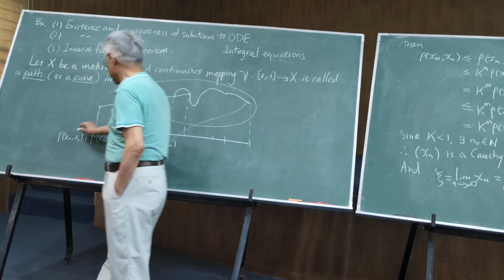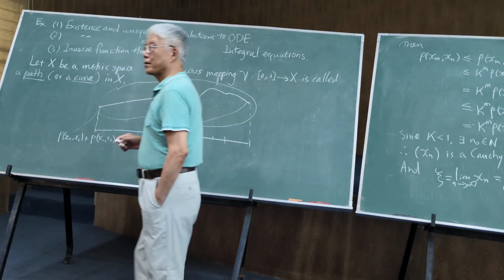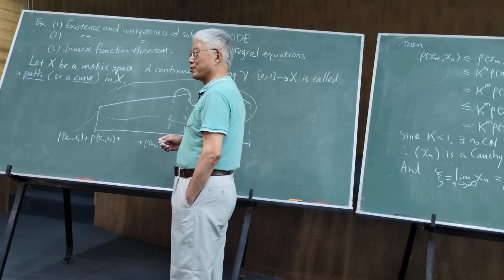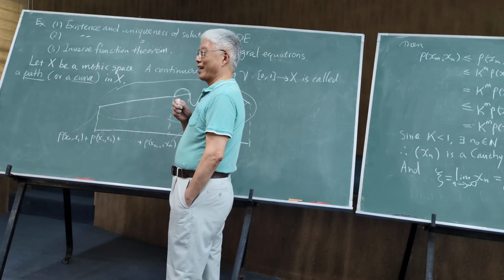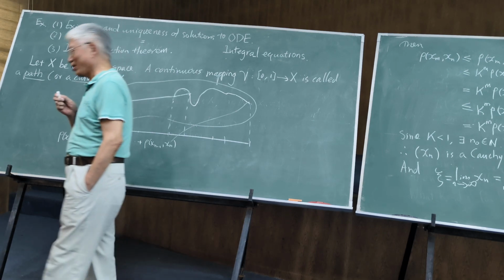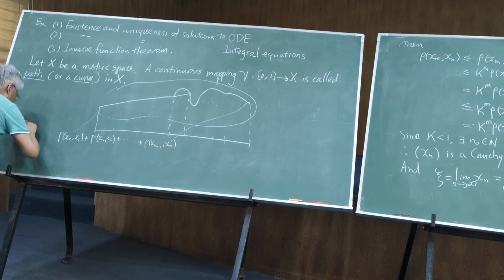There should be gamma applied to those points, because points are in X. We are trying to define the length of gamma, so we cannot use gamma itself. Well, we can, but we are only using the sum of distances corresponding to a subdivision to define the length of gamma.